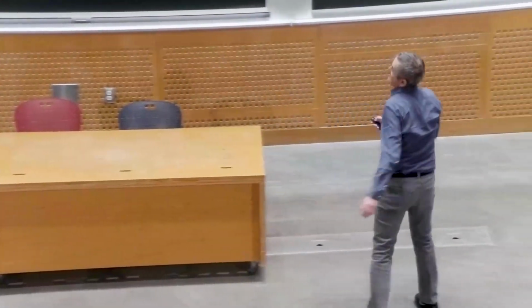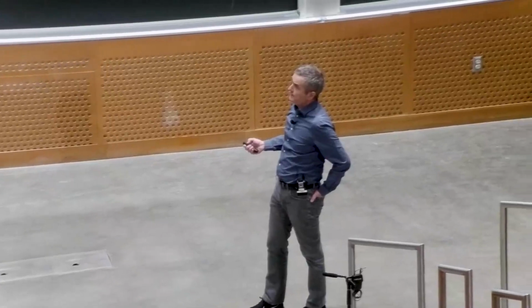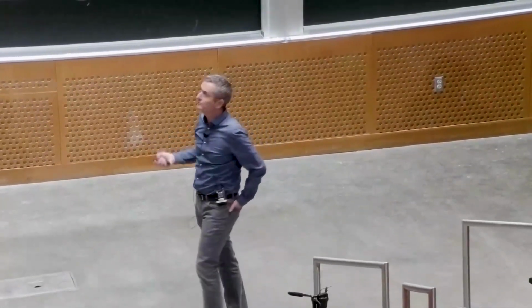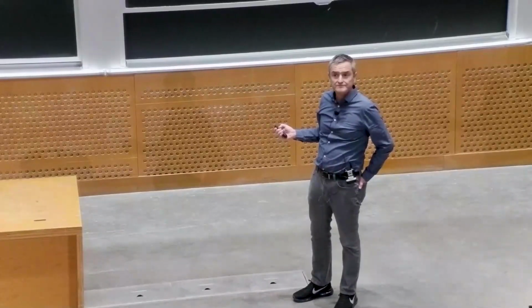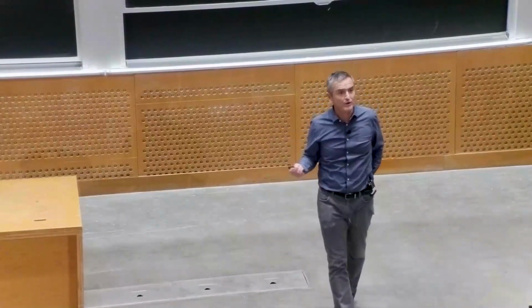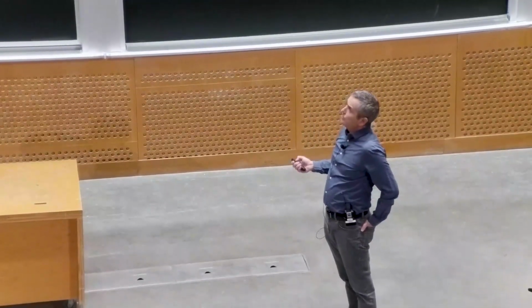Now, let me give you an example so you can see that. Suppose that our production function is this. We call that a Cobb-Douglas production function: Y = K^(1-alpha) (AN)^alpha. Does this function have constant returns to scale? Yes, the sum of the exponents is 1. But so take the log of both sides.